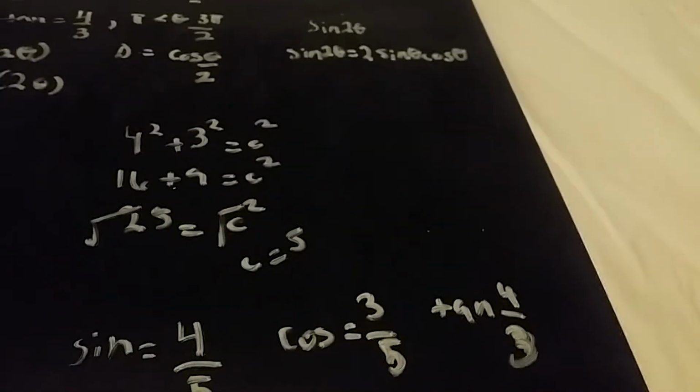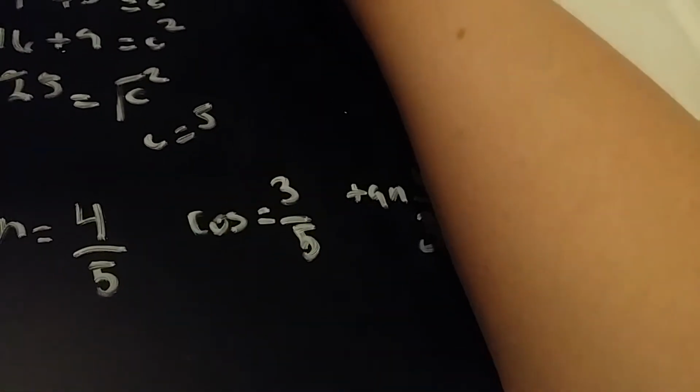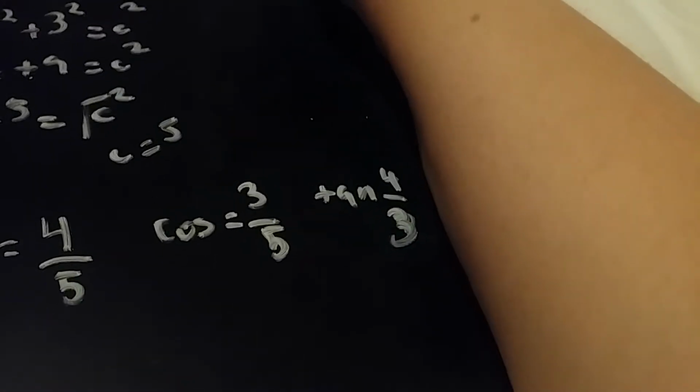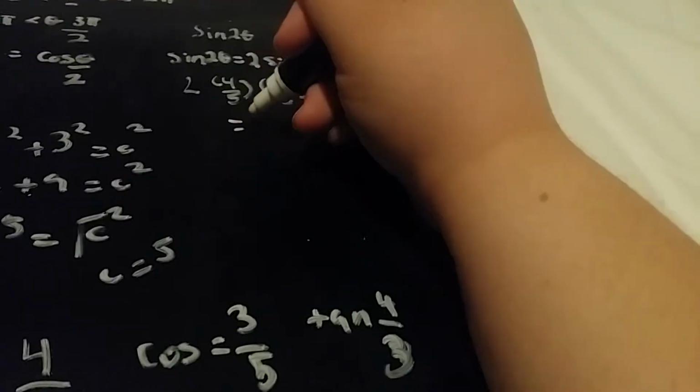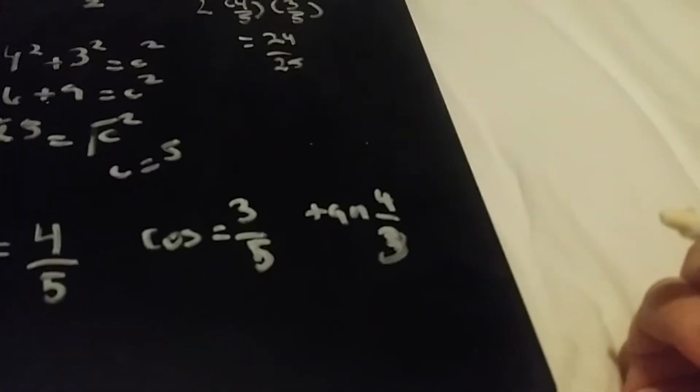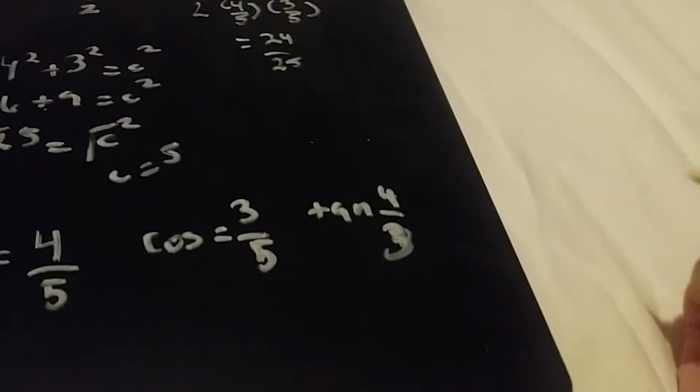This is where you basically plug in what you have. You already know sine, you already know cosine. So you do 2 times 4/5 and 3/5. And then you end up with 24/25. So that's the answer for part A.